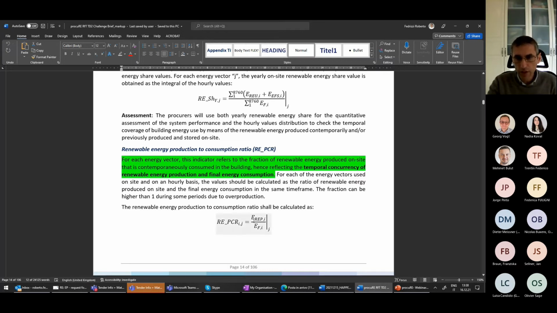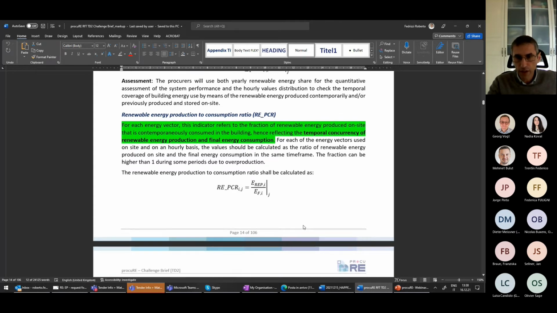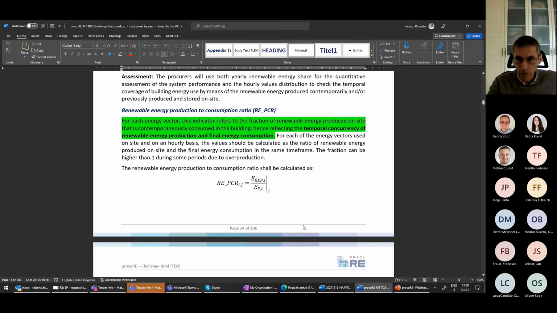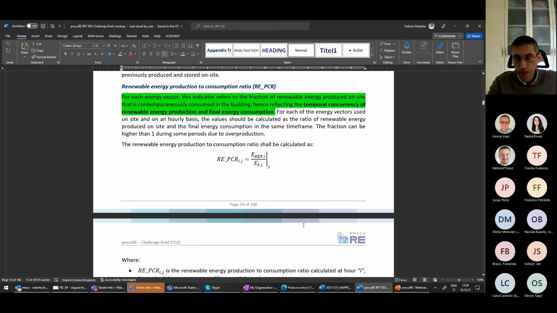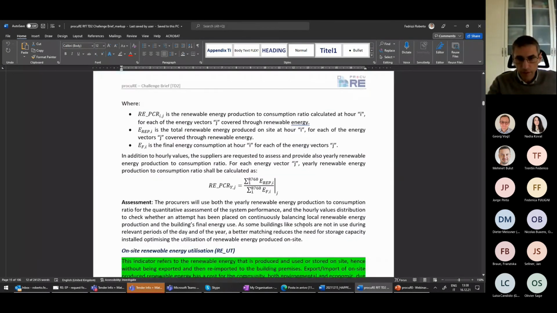What we want to understand is to what extent the renewable energy production is going to impact on the energy grid around the buildings. Therefore, we want to understand, for each hour and for each energy vector, how much renewable energy is produced compared to the final energy which is used on site, final energy which is consumed during the same time frame.